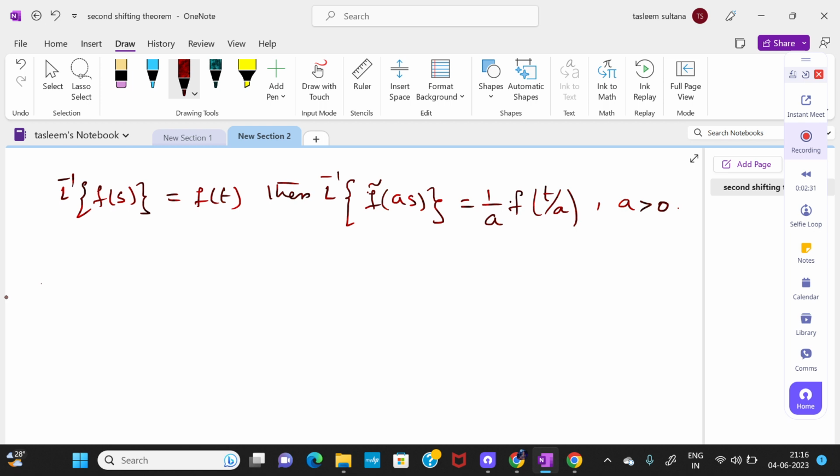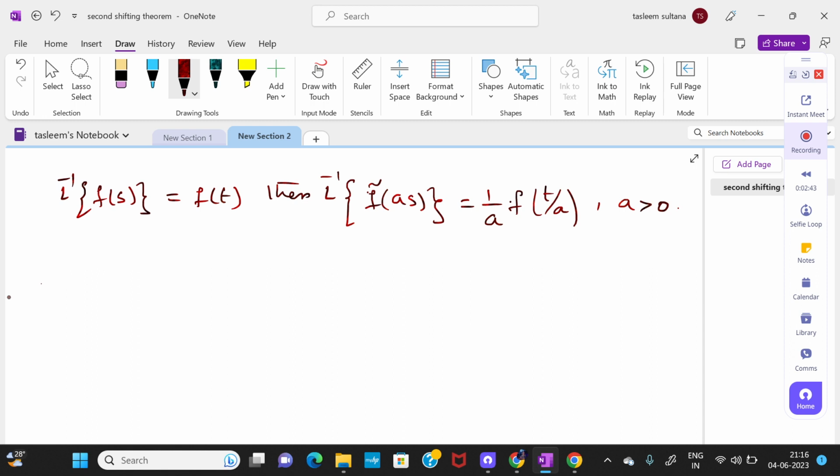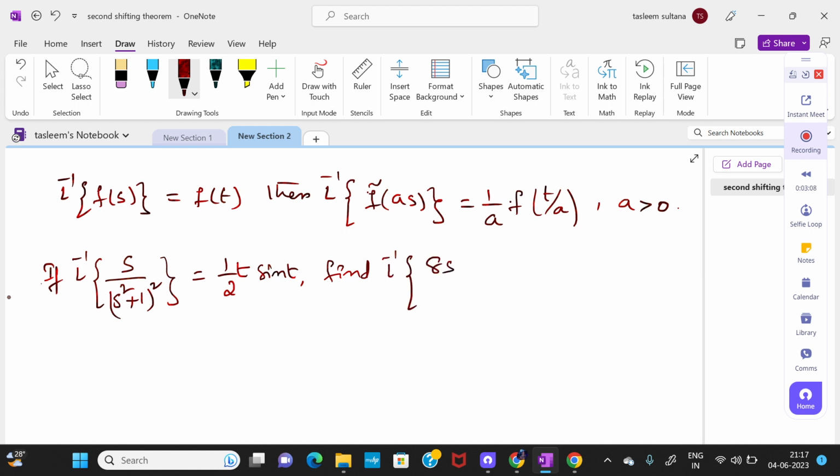If L inverse of s divided by s square plus 1 whole square is equal to 1 by 2 into t sine t, then find L inverse of 8s divided by 4s square plus 1 whole square. This value you have to find.